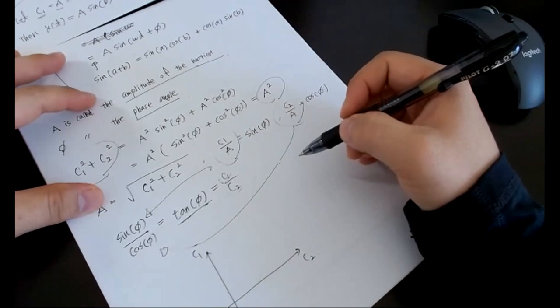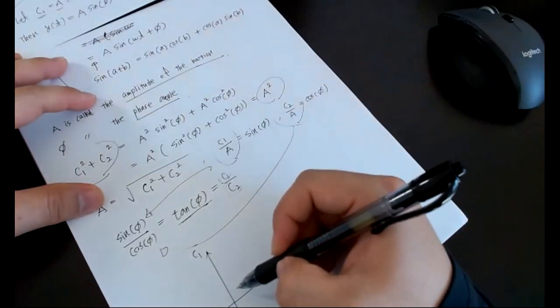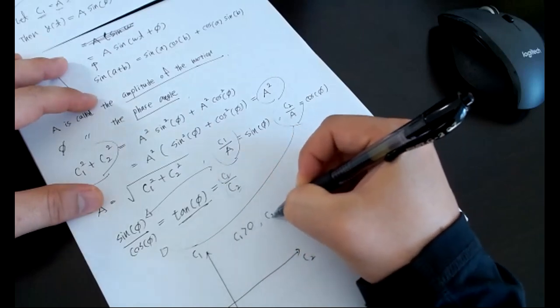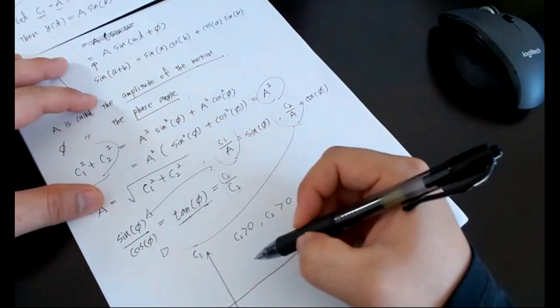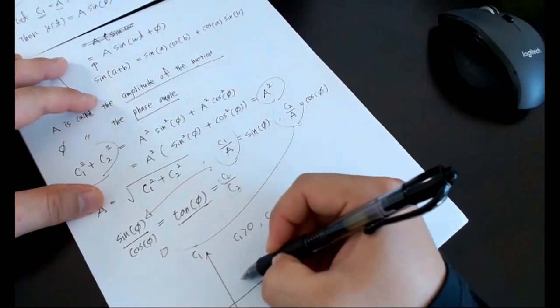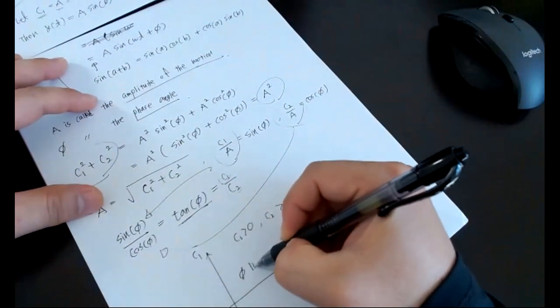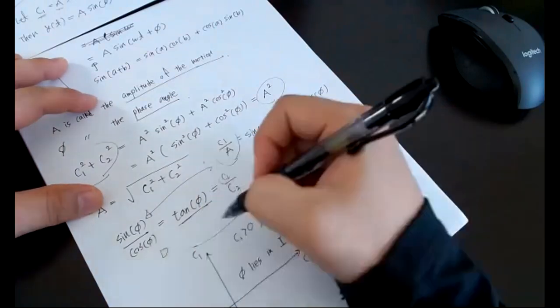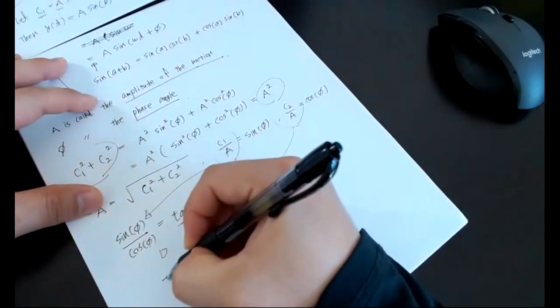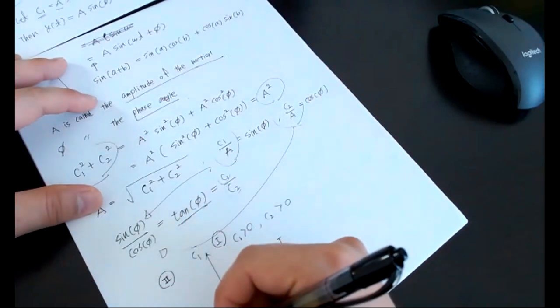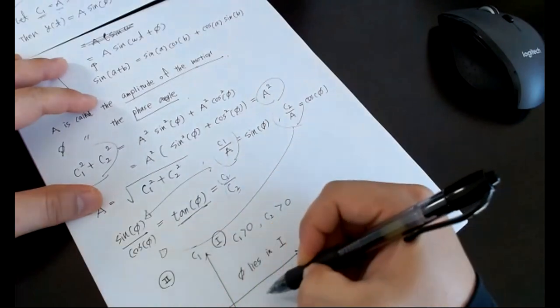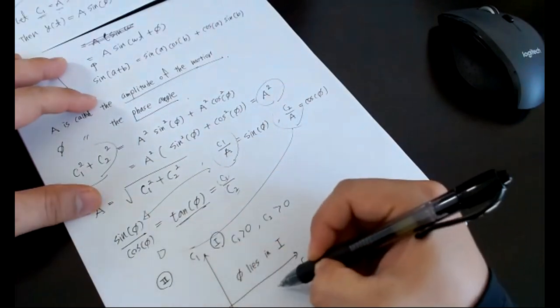So C1 greater than 0 and C2 greater than 0, then phi lies in the first quadrant. Here are the first quadrant, second quadrant, third quadrant, and fourth quadrant.